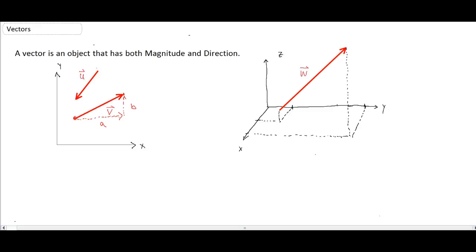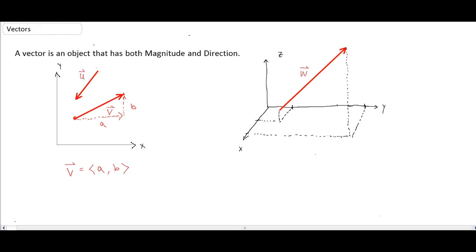If this is the case, then vector v would be represented by the bracket a comma b. So these values a and b are called components. And the way that we order the components is exactly the same way that we order the coordinate axes.